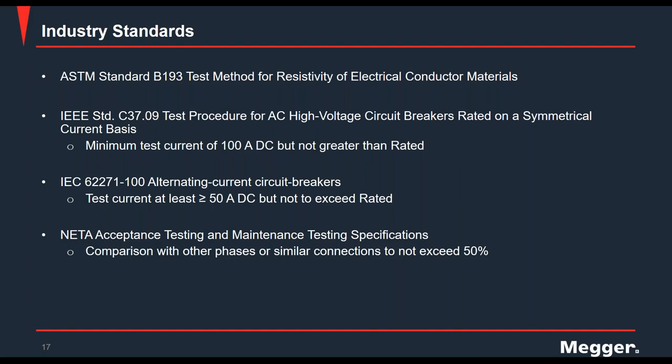To ensure you've got a good value, you would compare it to the other phases, like the B phase or the C phase. They'll give you an idea of what those resistance values look like. Or you can use similar connections to make the same comparison. And this comparison should not exceed 50%.